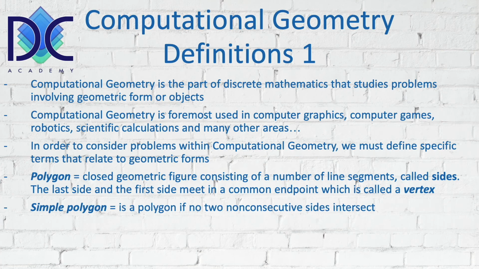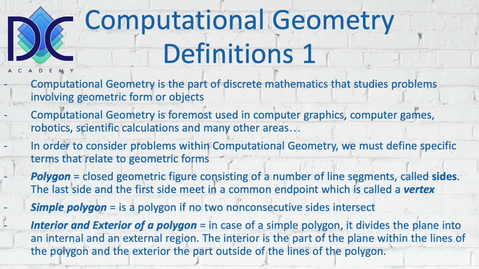Now, a simple polygon is a special type of polygon where no two non-consecutive sides intersect. So we have connections from side to side, and let's have a look at some examples later.